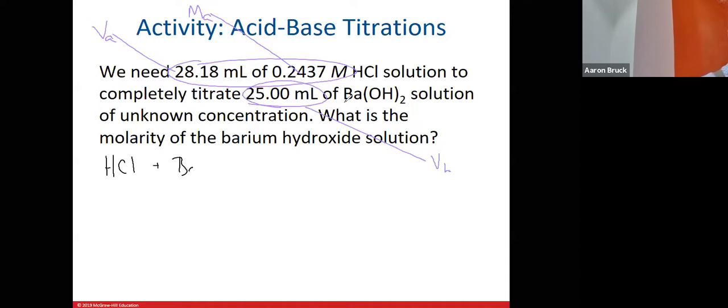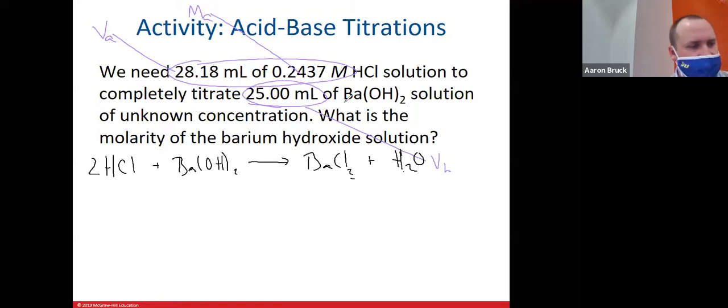HCl plus barium hydroxide makes barium chloride and water. Now I got to balance it out. I've got 2 chlorines here, so I'm going to need 2 HCl's to balance that. Let's see.